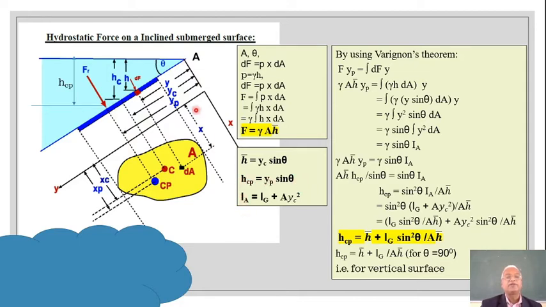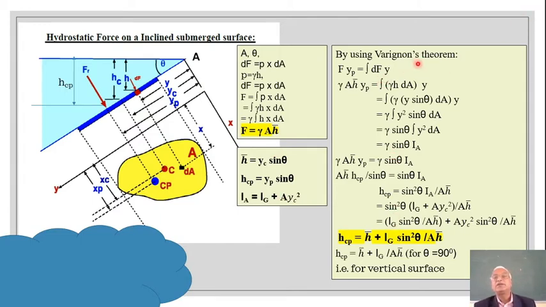We know the moment of inertia about an axis perpendicular to the plane is equal to the moment of inertia about the centroidal axis plus the area multiplied by the distance between the two axes, that is, I_A = I_C + A YC squared. So this we are going to use in further things.